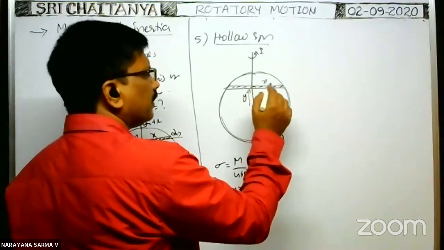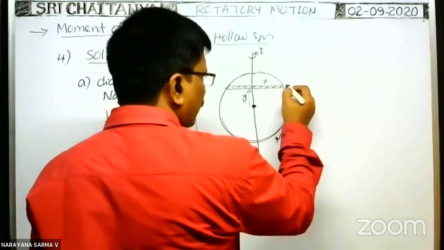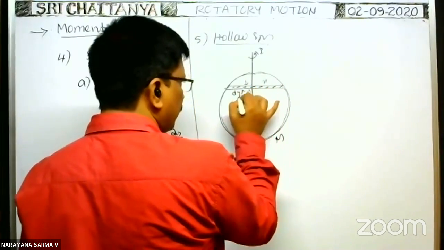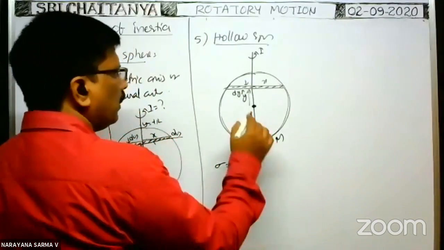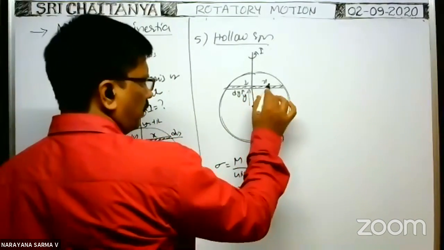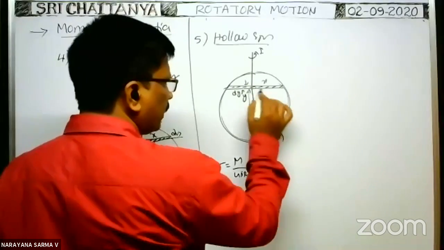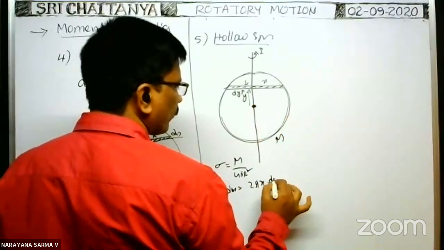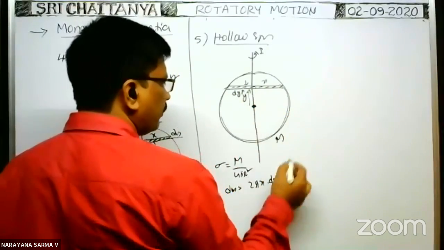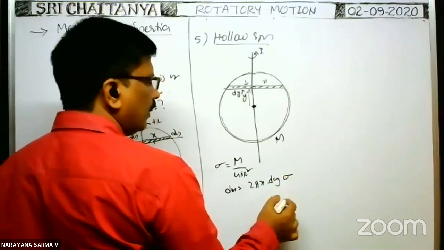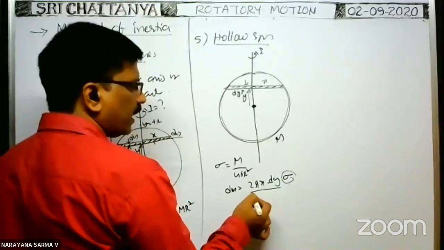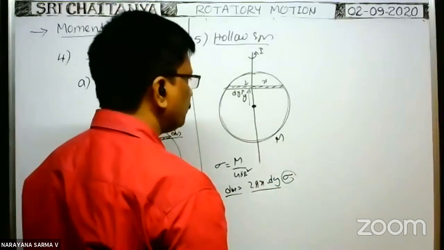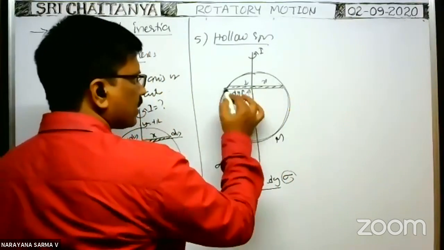At this point the width is dy. Therefore, the area of the element means circumference, 2 pi x, into width dy, that is the surface area of the element, into surface density sigma. That is, for unit area how much mass there is, for this much area what is the mass? This is the mass of the element. So the mass of the circular element is known.